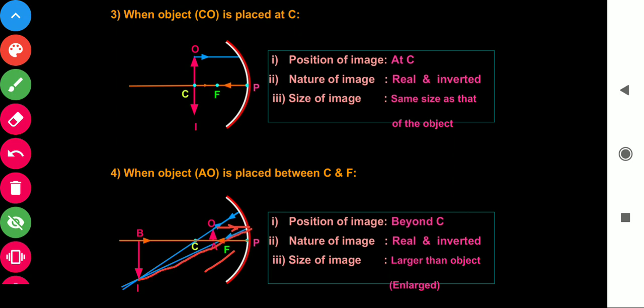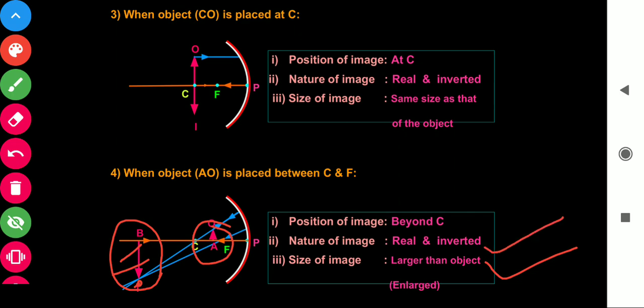The second one goes towards C. The rule says that it will come back along the same path. And these both rays cut here. That is the position of the image. This is the object, remember, and this is the image. Size larger, real and inverted, beyond C. After drawing the diagram, we can write it ourselves. No need to learn that.